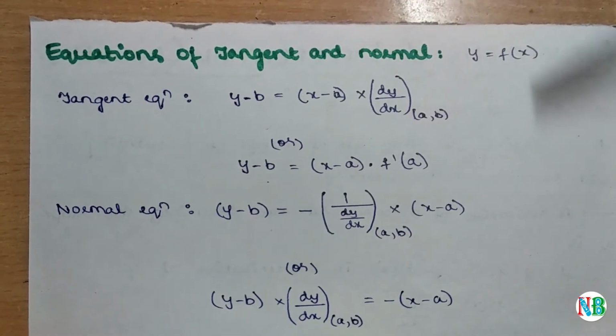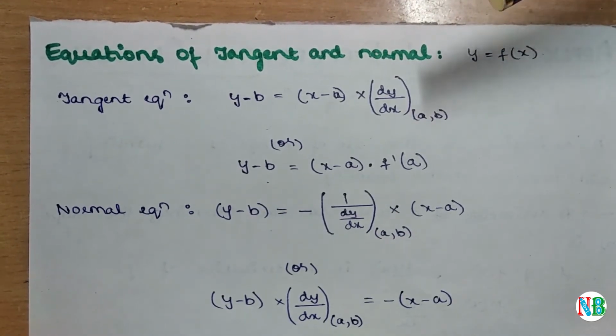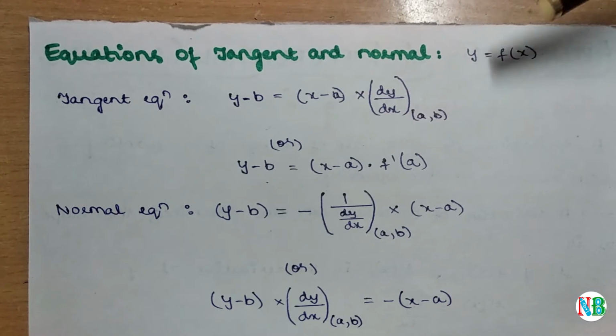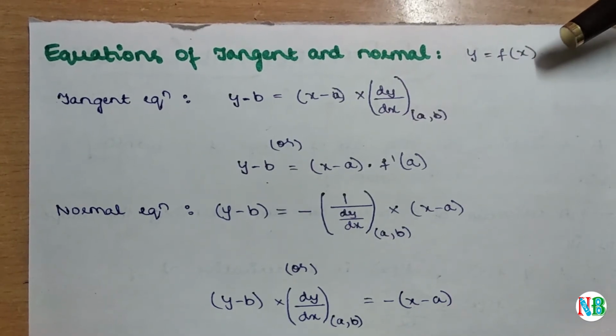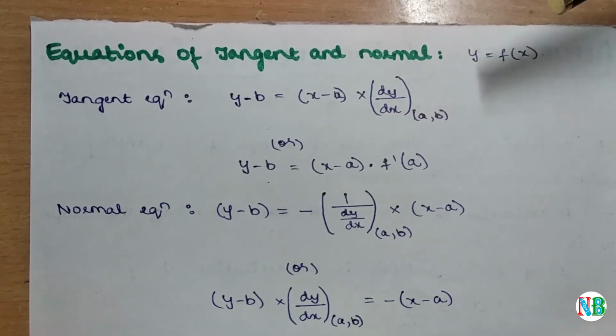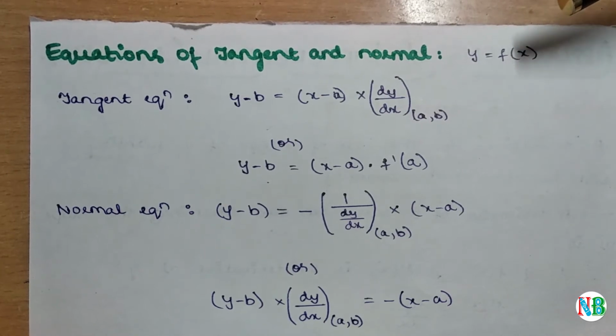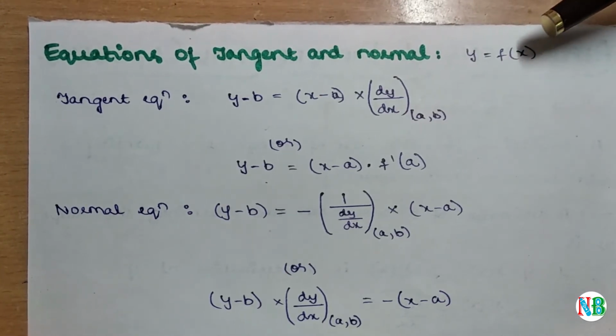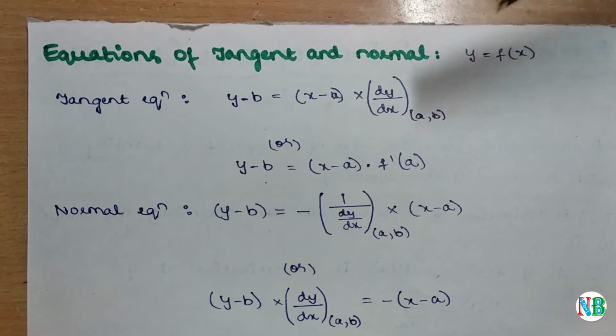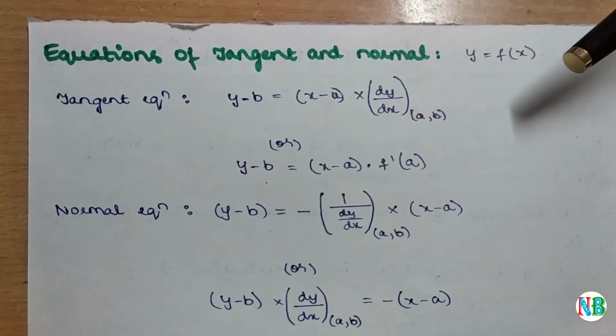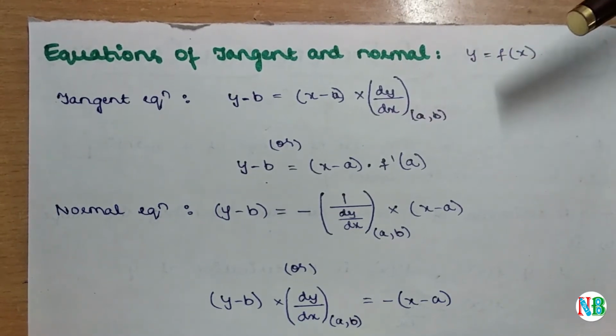So now let us see the equations of the tangent and normal. y equals f of x is the curve that we are considering here. Let us consider the point a comma b on the curve f of x.